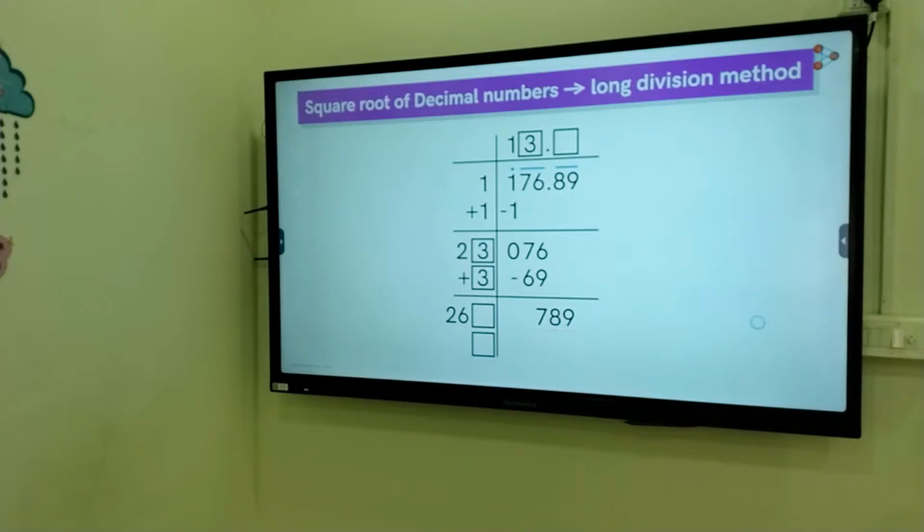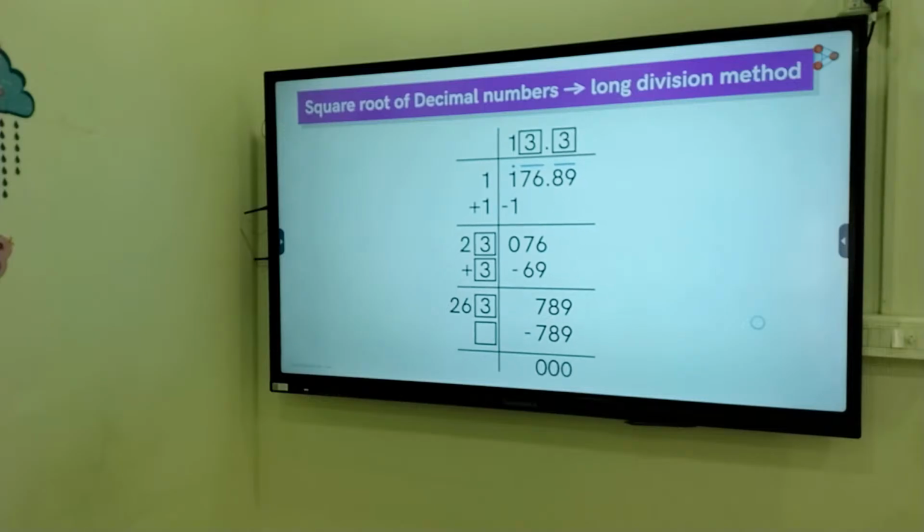Now, if we put 3 on the side of 26 and multiply 263 with 3, we get 789, which is equal to the number that we need. So on subtracting, we get 0, and on adding 263 and 3, we get 266.